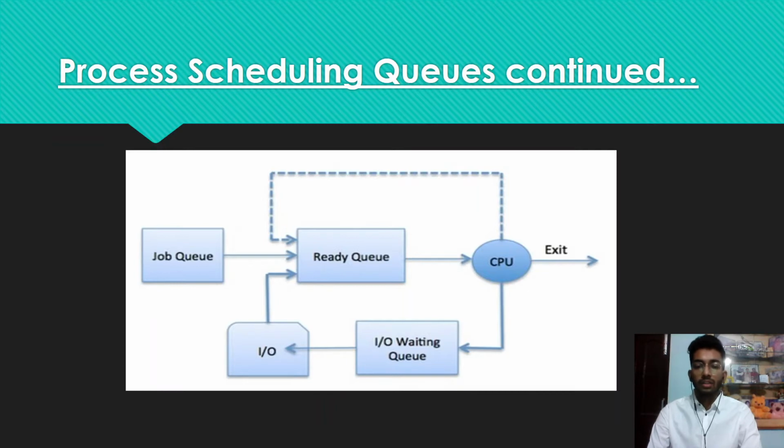If it requires some input output operation, it moves from the CPU to the input output waiting queue until it gets the input output. If the CPU is taken from the process at any time before completion, the process moves from the CPU to the ready queue. If all the tasks of the process are completed, then the process exits the CPU and is terminated.